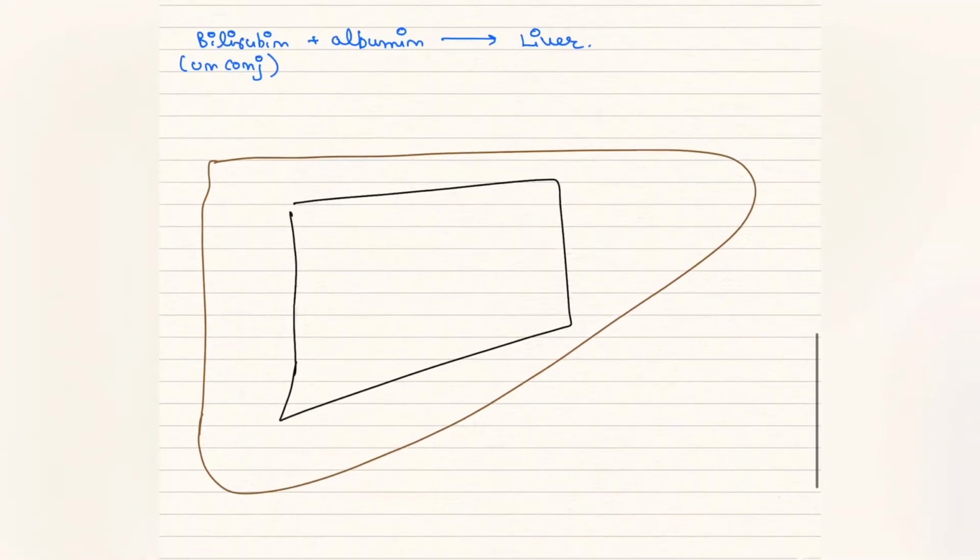So this is the liver, and these are hepatocytes in the liver. There are many hepatocytes. This unconjugated bilirubin will be taken up into the hepatocytes by which receptor? By a bilirubin transporter.